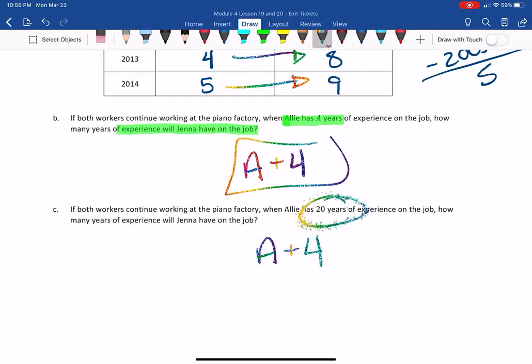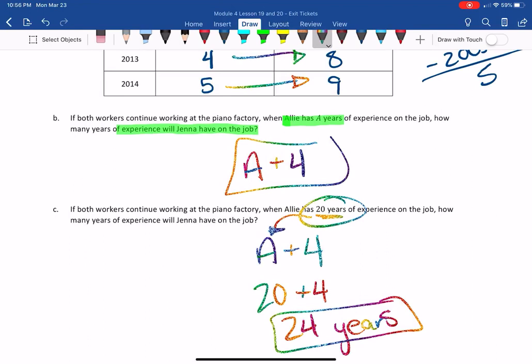A lot of you can understand that you're adding 20 to 4, but you're plugging in this number right here for A. So 20 plus 4 would be 24 years. Bam. You want to find the equation because it'll really help you, especially when we get into today.